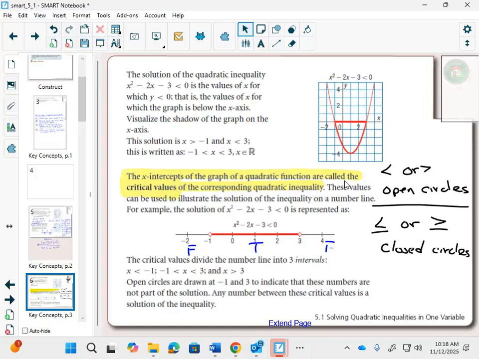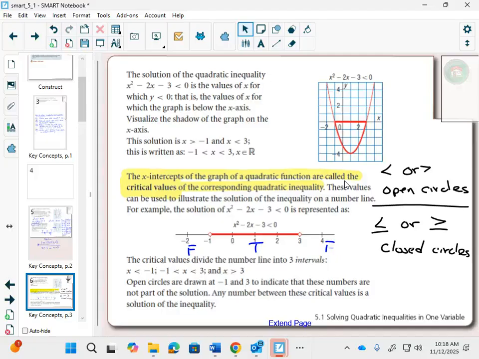So if I plug in 4 right now, 16 minus 8 minus 3 is 5. That is not less than 0. One value in this section false means that whole section will be false. So you can find out where it's true and false by plugging in values. You can also see where it's true and false from the graph.